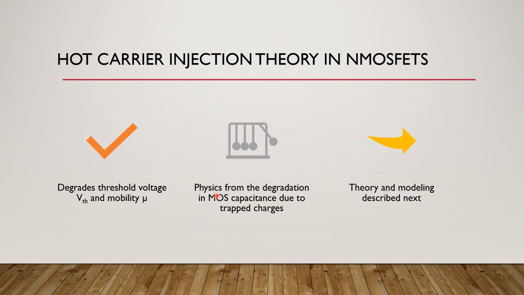The degradation is coming from the physics of the degradation of MOS capacitance due to the trapped charges inside the oxide. Furthermore, I will discuss the theory and modeling in the next few slides.